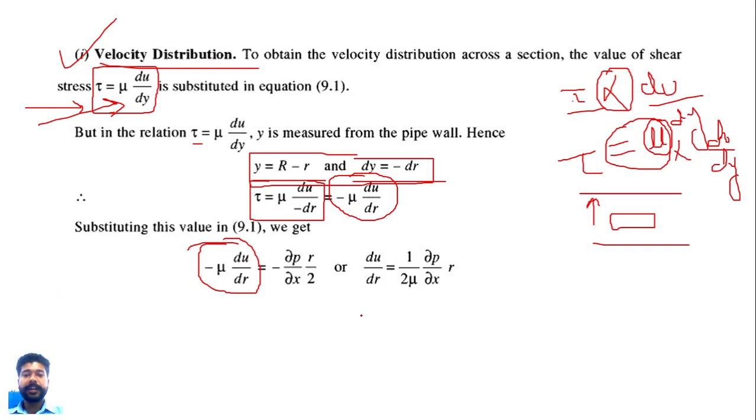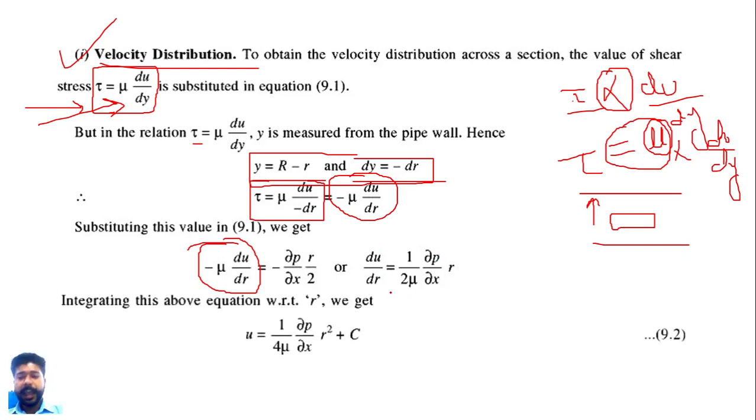So let's simplify this. On the left side du upon dr equals 1 upon 2 mu del p upon del x into r. And let's integrate this equation with respect to r to get the whole pipe.